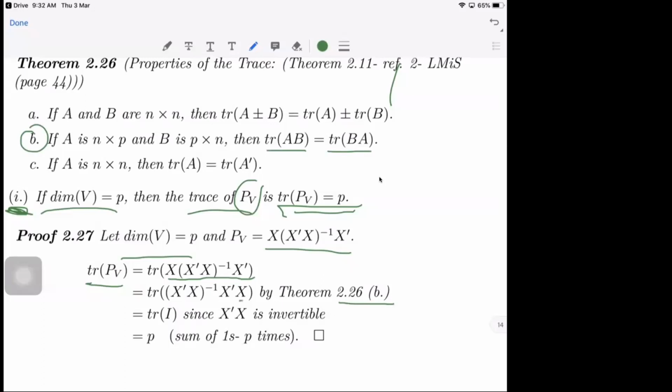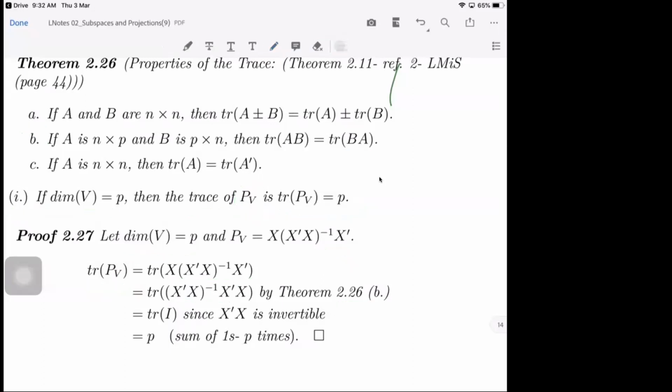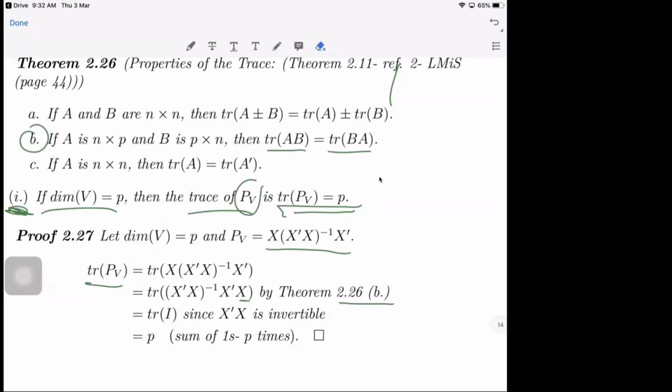So here, what we did is, this will be your A, this will be your B. So the trace of AB is equal to the trace of BA.